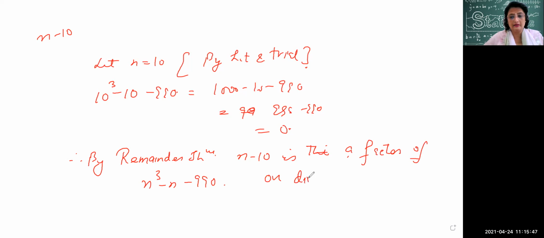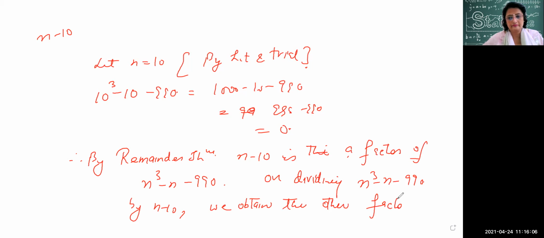So on dividing n cube minus n minus 990 by n minus 10, we obtain the other factor of n cube minus n minus 990 as, जब आप इसको divide कर लेंगे बेटा, you all know how to divide, n square plus 10n plus 99.